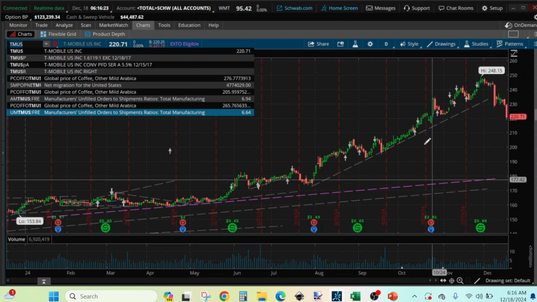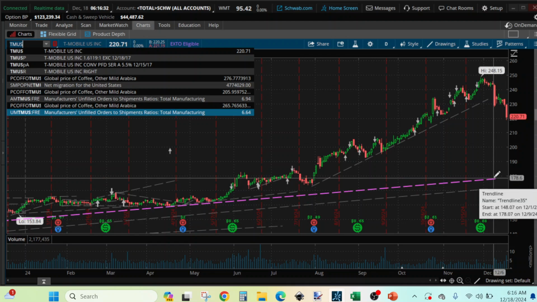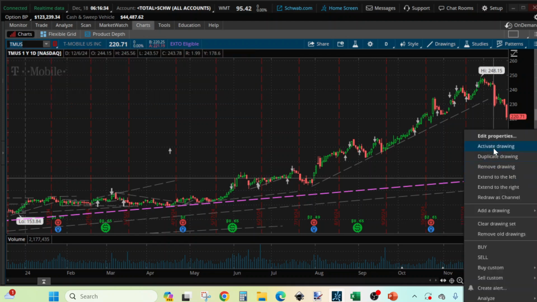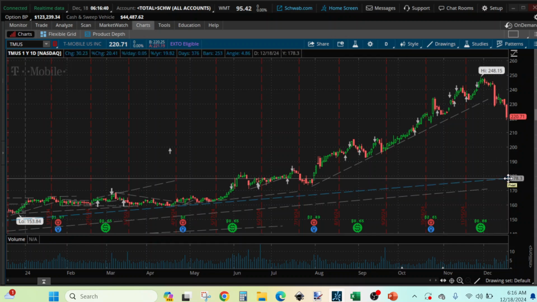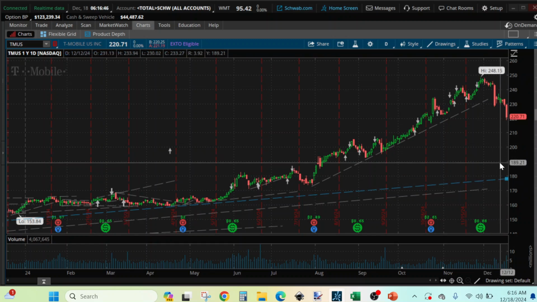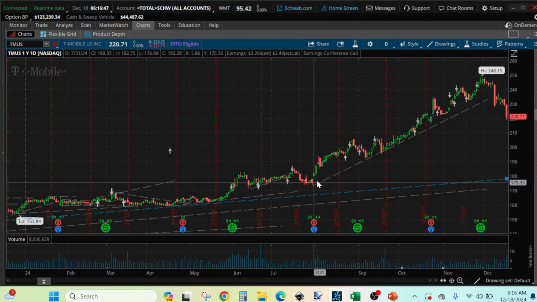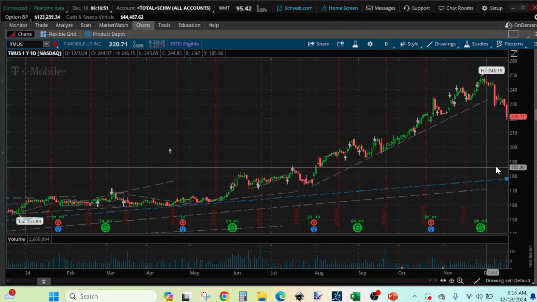Sometimes I'll get in, the trend will end, and I just have to wait for it to come back up. But again, I do not use that strategy. Buying at the beginning of the trend line and selling at the end of the trend line before it ends is a strategy as well, and I do not really use that.